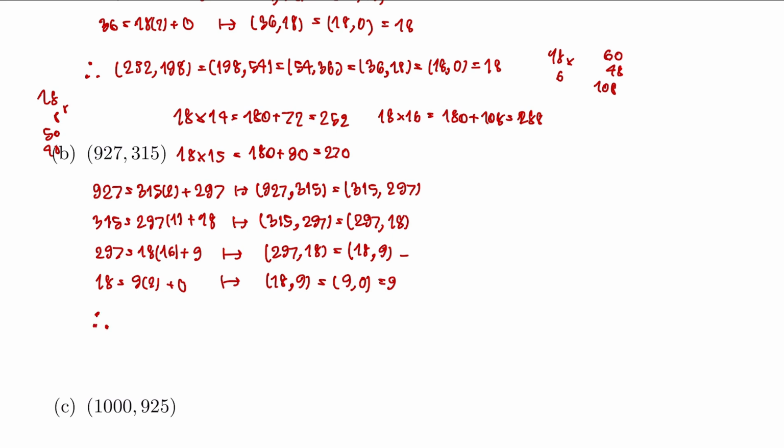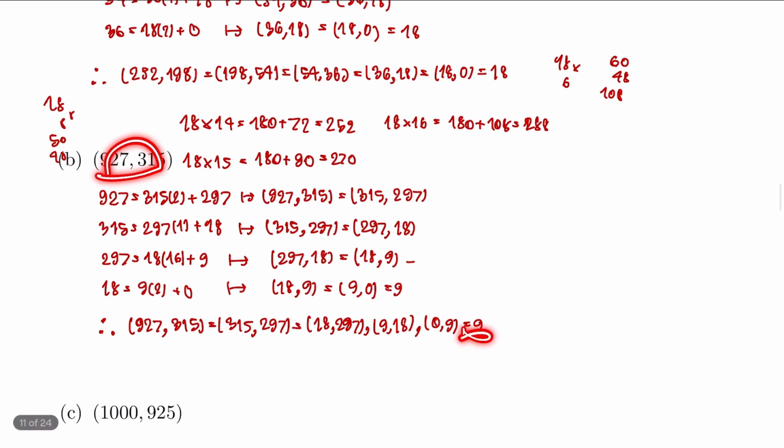Therefore, the greatest common divisor of 927 and 315 equals that of 315 and 297, equals that of 297 and 18, equals that of 18 and 9, equals that of 9 and 0, which is 9. So the greatest common divisor of these two numbers is just 9.